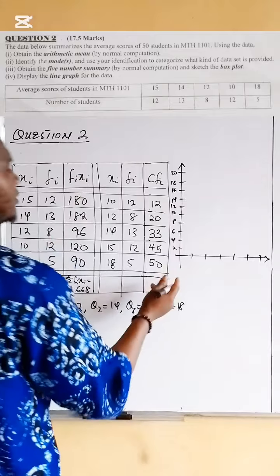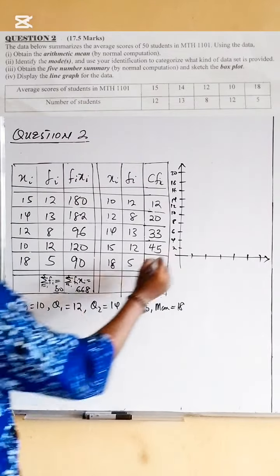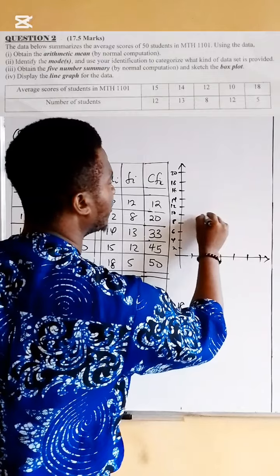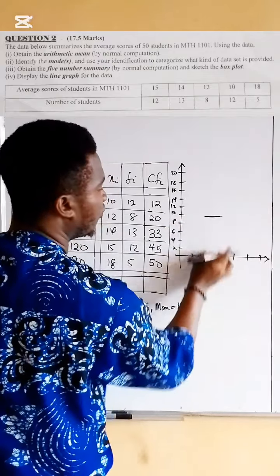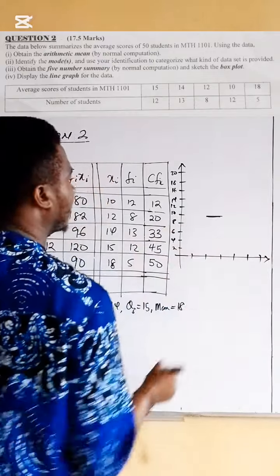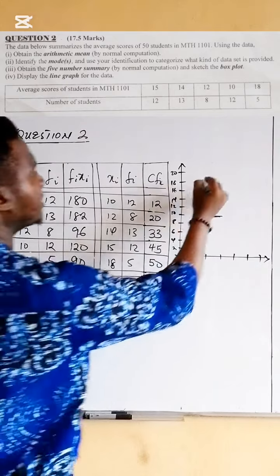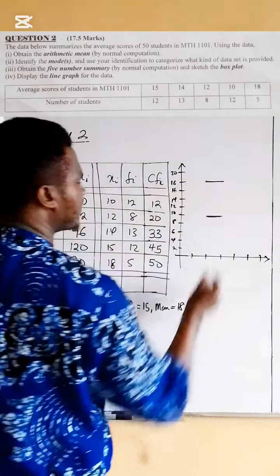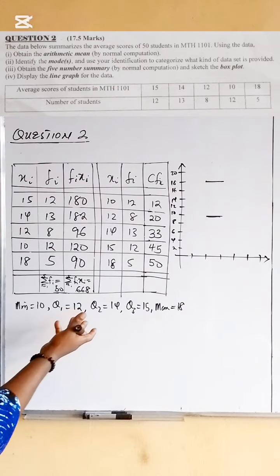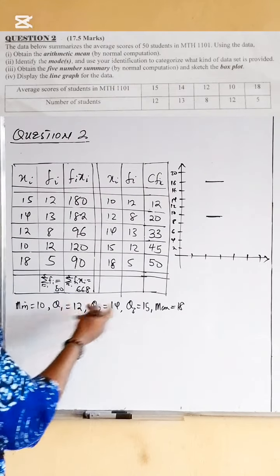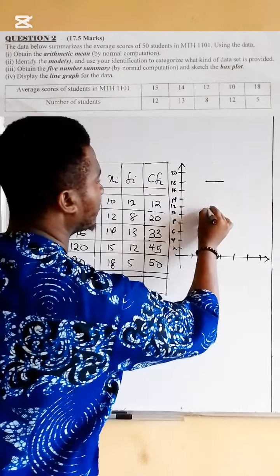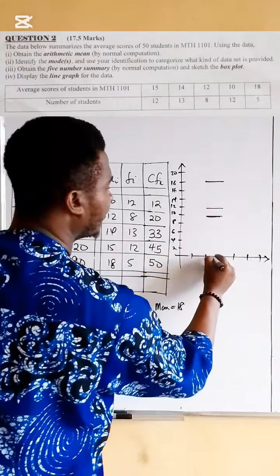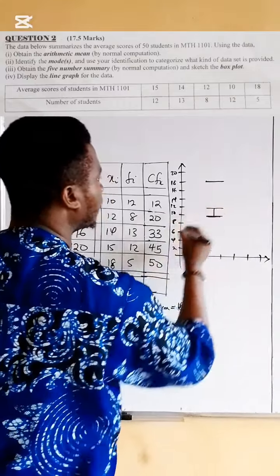Now, since my minimum is 10, I could put this here using this 1 centimeter space. Then, since my maximum is 18, I would have it here using that same 1 centimeter space. Now, my Q1, 12, will come over here. And of course, the middle of this bar, I'm going to do this.